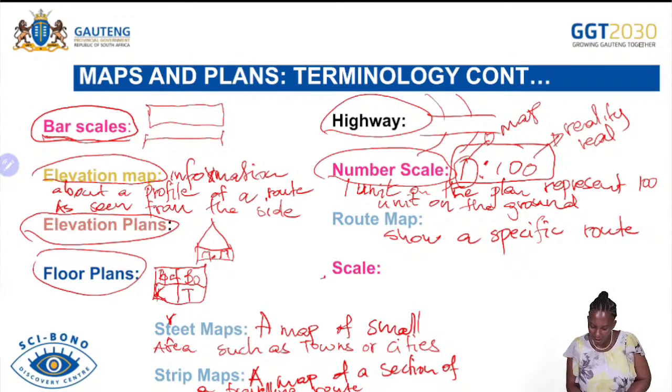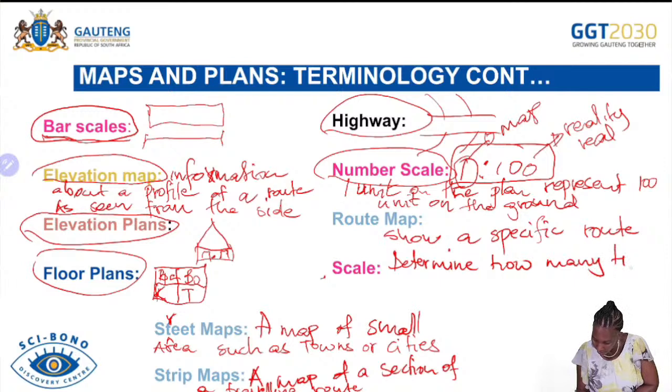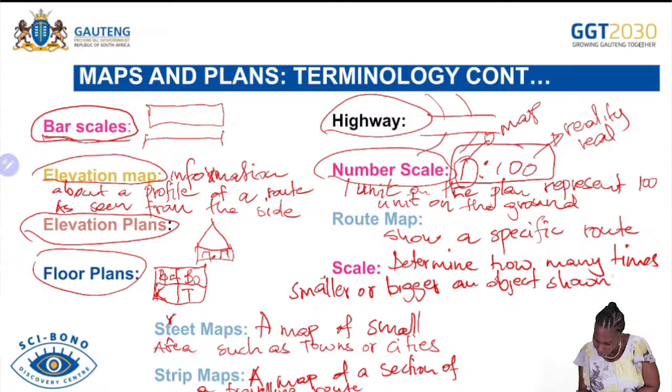With a scale, we say the scale determines how many times smaller or bigger an object is shown on a plane.